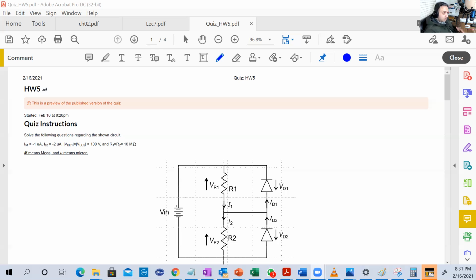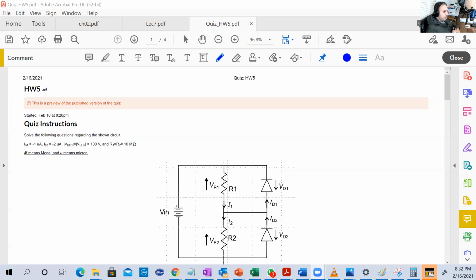We solved this example in the lectures, but without R1 and R2. The summary of what happened when we have just the diodes without any parallel resistors R1 and R2 is that both are reverse biased, and when the input was 90 volts, VD1 was working in what I call region 2, in reverse, in which the current is fixed at minus I saturation, minus IS1, because these diodes are different.